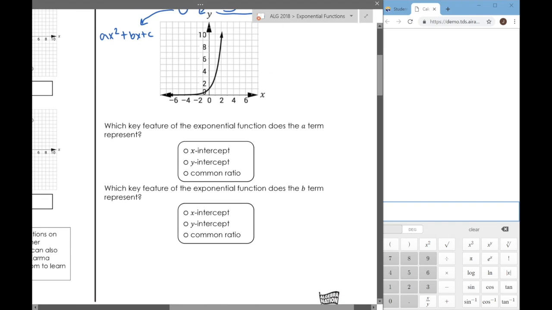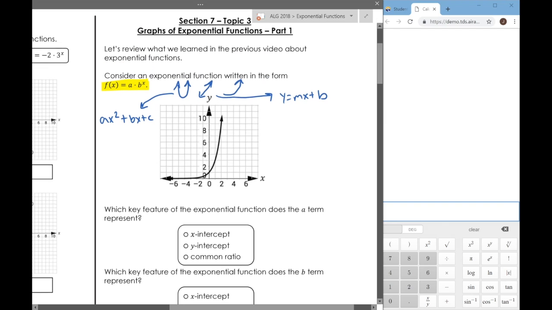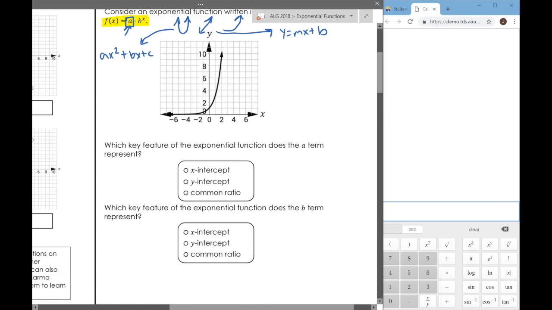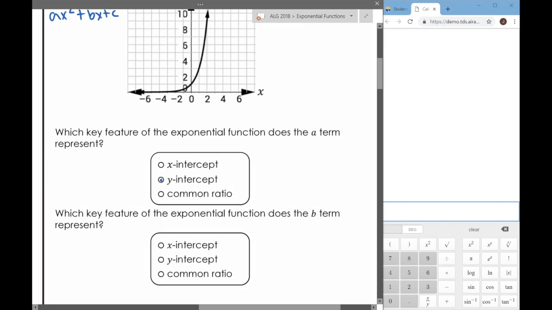Okay. So, which key feature of the exponential function does the a term represent? So what is the first term, a? What does this a represent? Now that represents the y-intercept. So whatever a is, that's your y-intercept. That's where it's going to cross the y-axis.